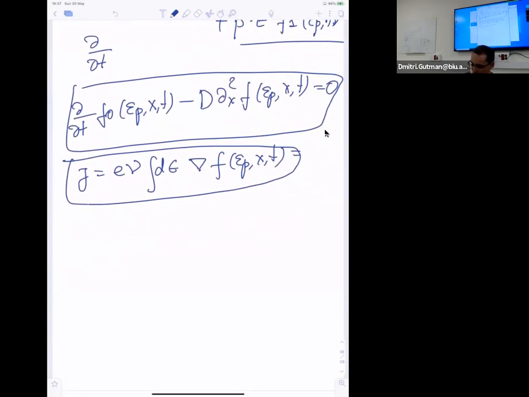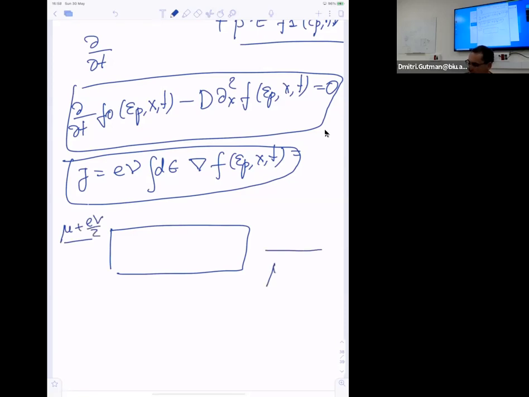So let's solve it for the problem where we have a piece of metal. Here will be a chemical potential shifted by the applied bias. Here we'll have a chemical potential shifted by the applied bias in the opposite direction. These are called ohmic contacts.